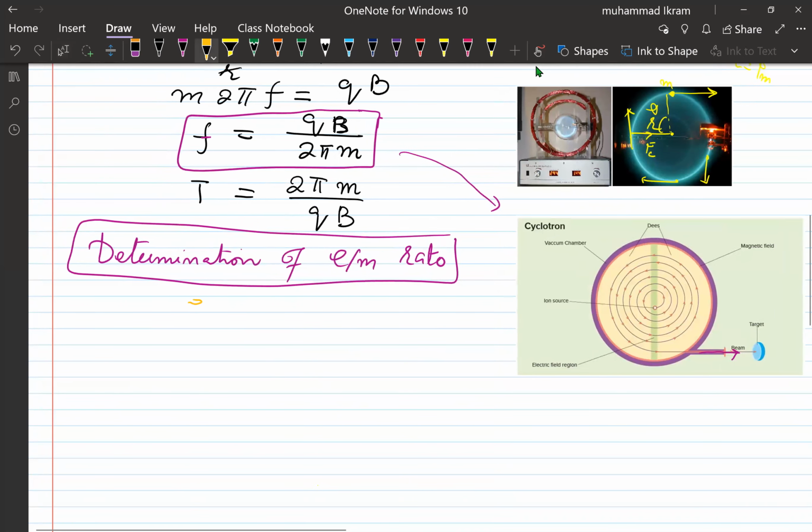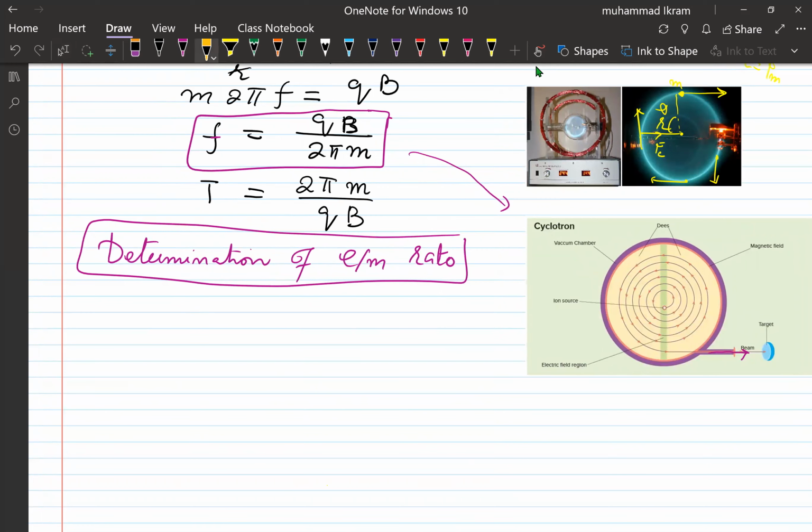This E by M ratio is twice the potential difference, 2V, divided by the square of the magnetic field into R square, where R is the radius.